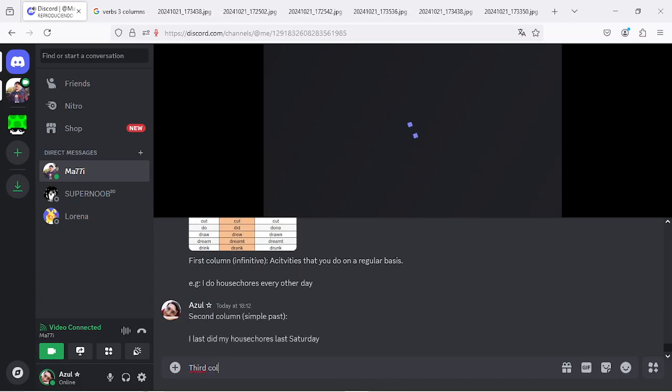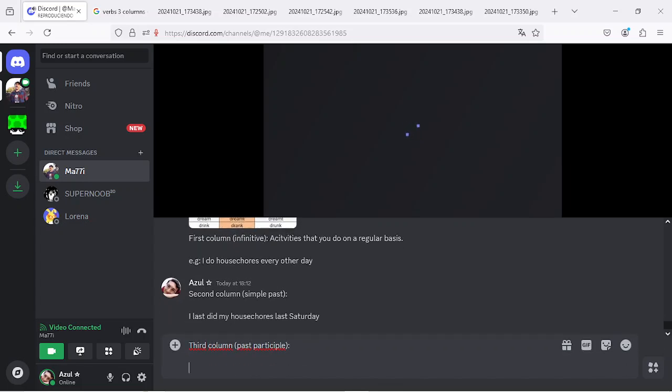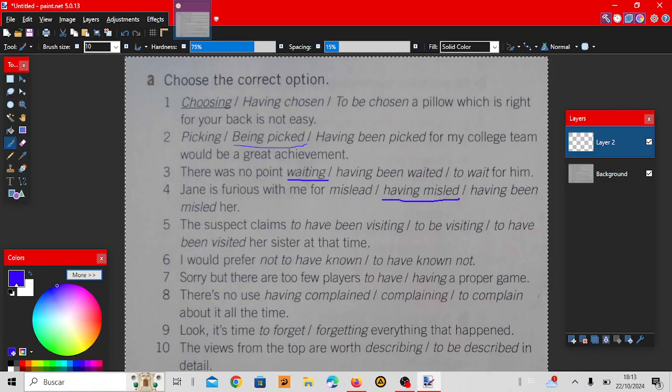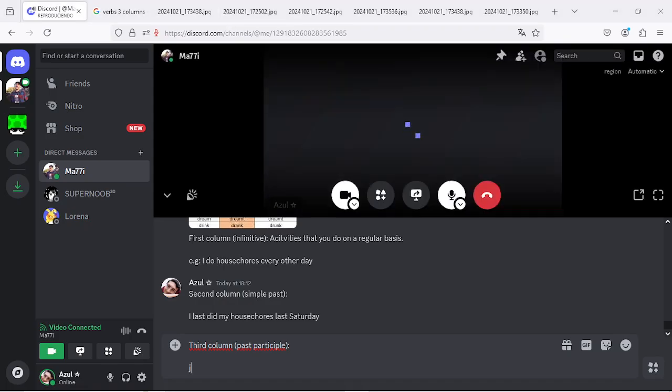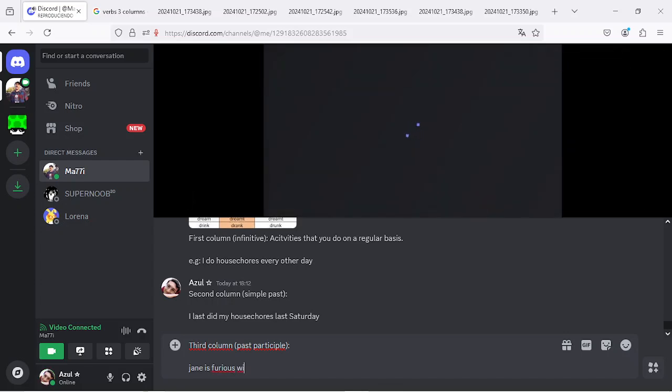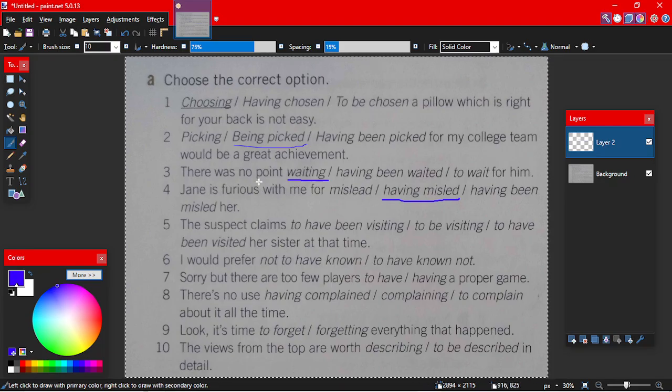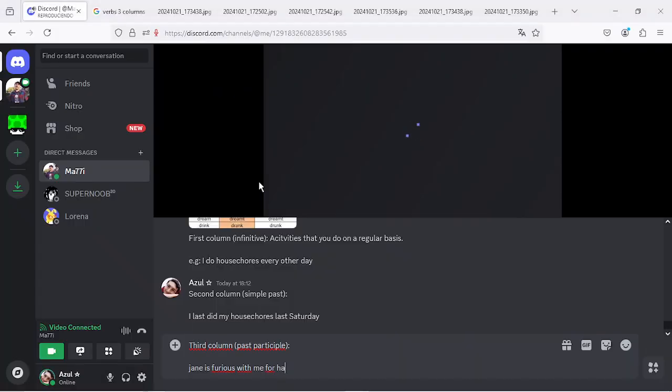And then the third column is past participle. We use this for stuff that we have done in the past but kept on doing up until now, or stuff that we did in the past and still has consequences now. So we can use this one as an example, like Jane is furious with me for having misled her, right? Having misled her, right?